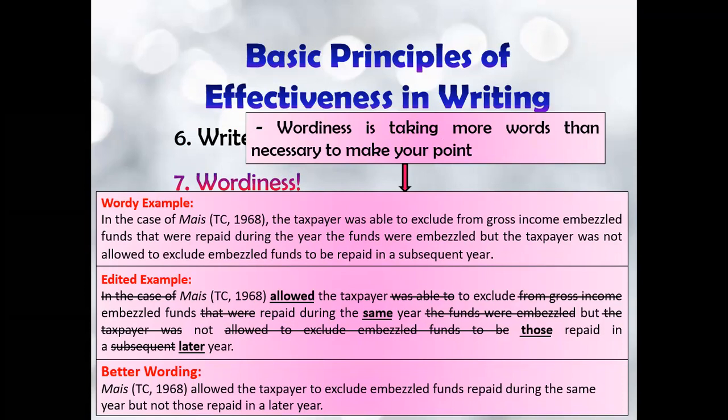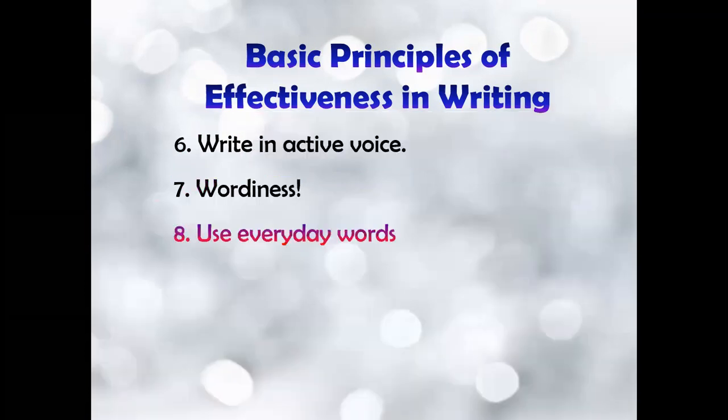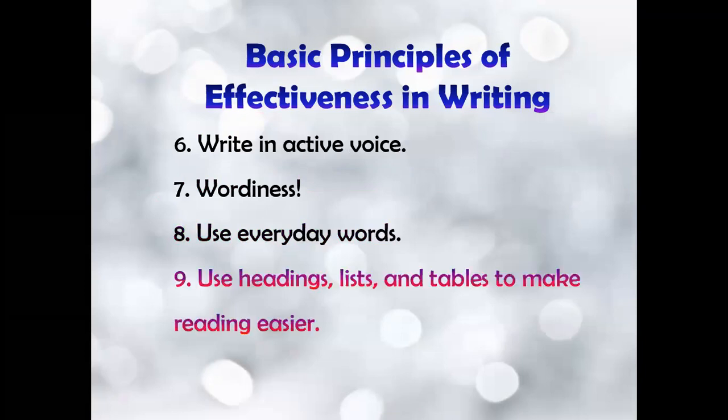So it can be shortened. If our output can still be shortened, we should shorten it. Then use everyday words, so the reader understands right away. Use headings, lists, and tables to make reading easier.